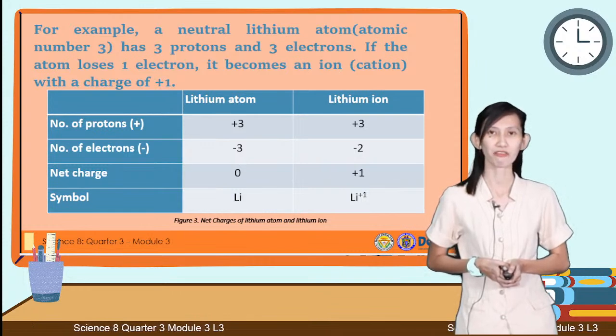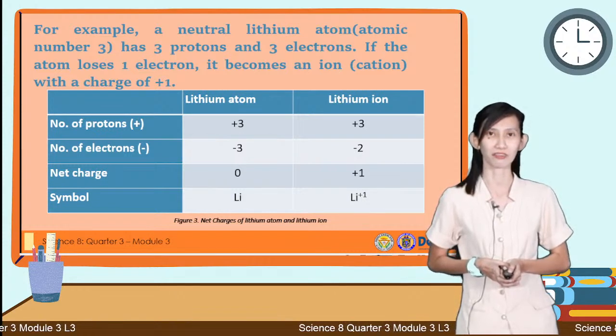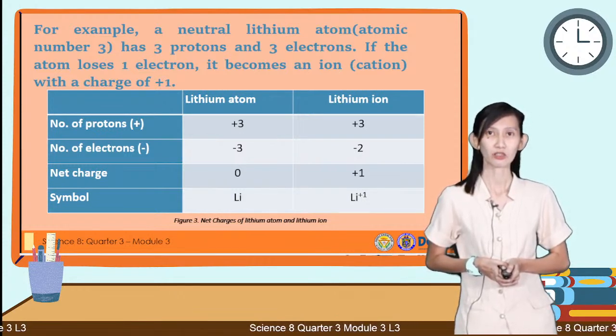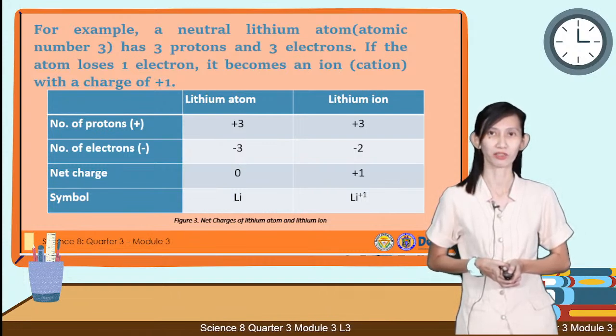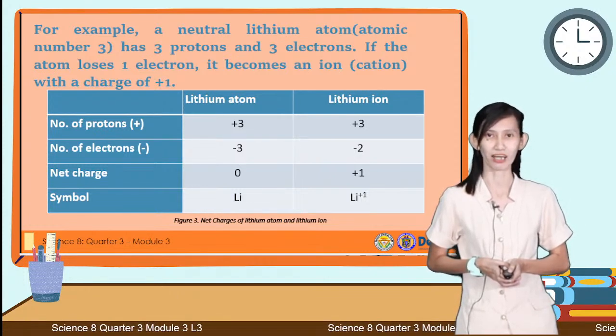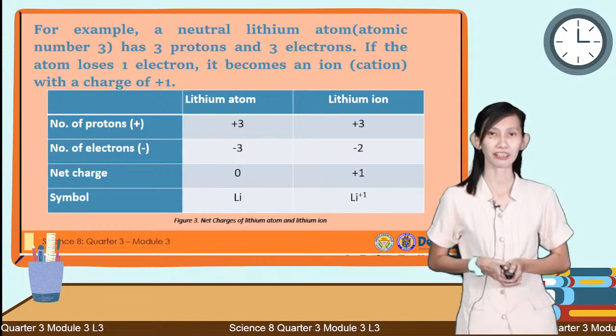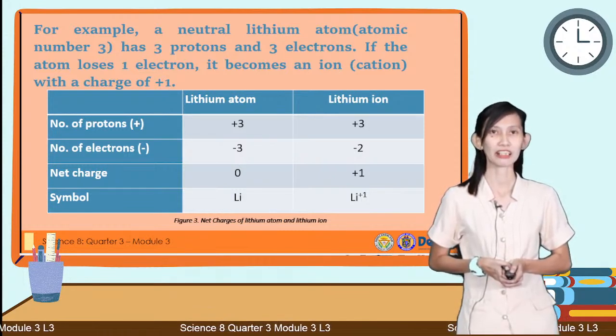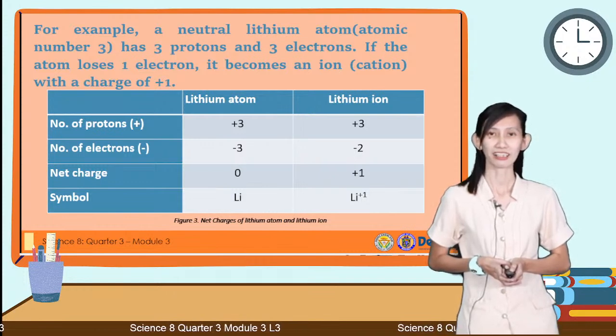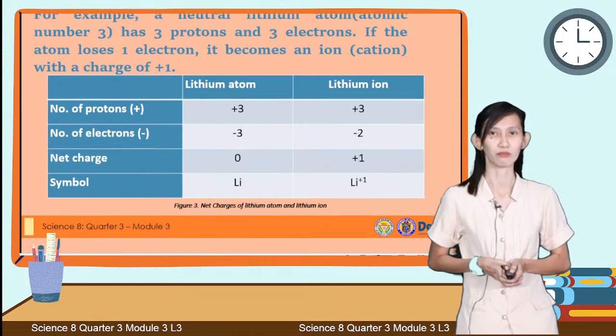For the number of electrons, the lithium atom has negative 3, and the lithium ion has negative 2, since it loses 1 electron. The net charge of the lithium atom is 0. For the lithium ion, it is positive 1. For the symbol, the lithium atom is capital L, small i. For the lithium ion, capital L, small i with a charge of positive 1.